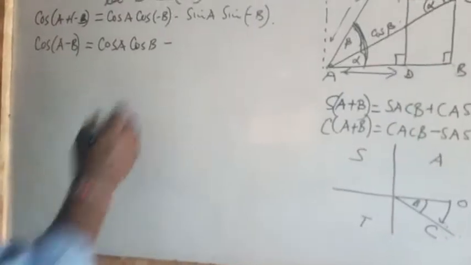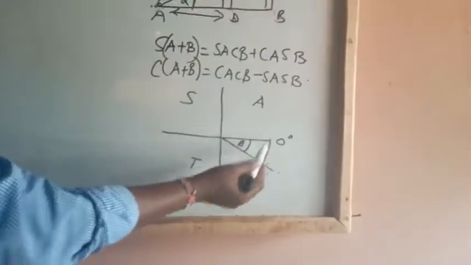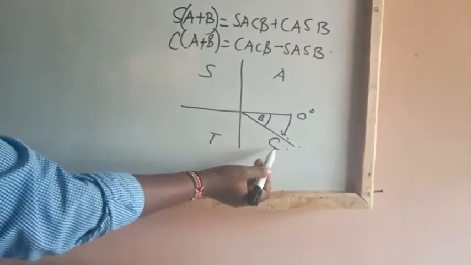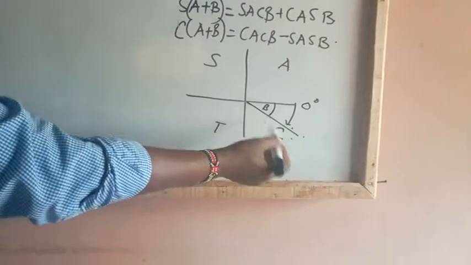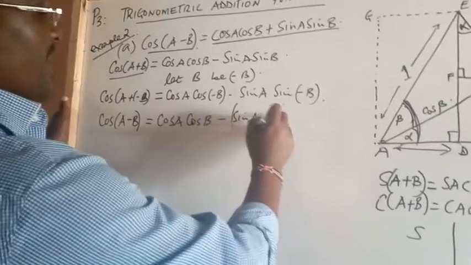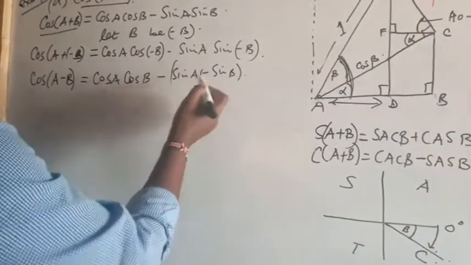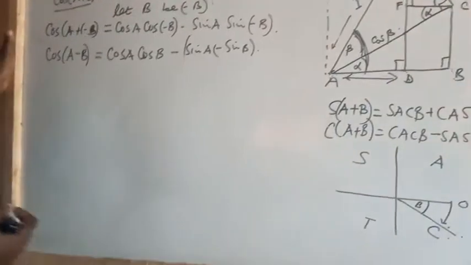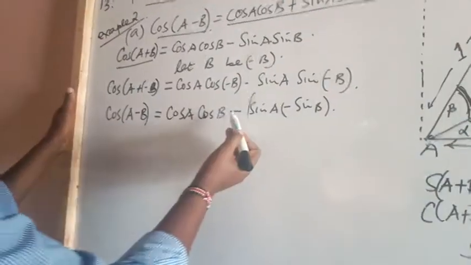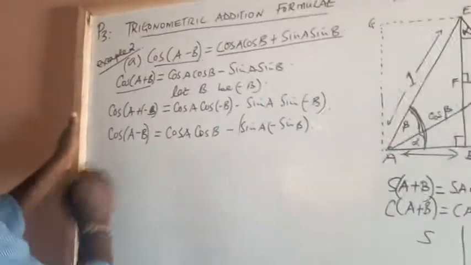Minus the sine of A. Now the sine of negative B is negative in the fourth quadrant, so minus the sine of B. If you open this bracket, minus times minus is positive. So what are we saying?